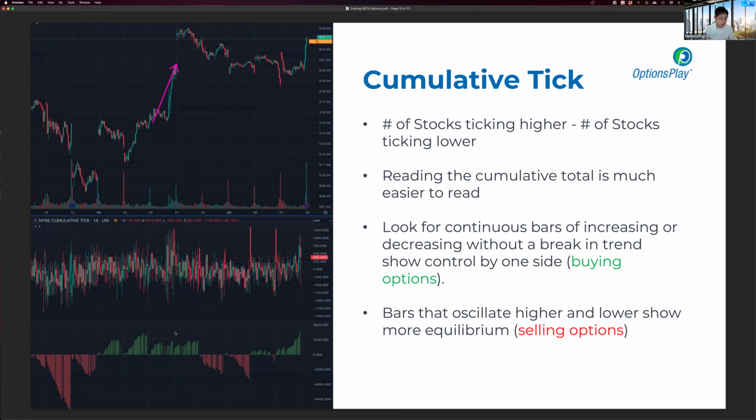Sometimes you get big moves to the upside where that cumulative didn't look particularly impressive, but if you looked at the tick itself, you did see some really high ticks, meaning some 15-minute periods had an extreme number of stocks ticking higher versus ticking lower.